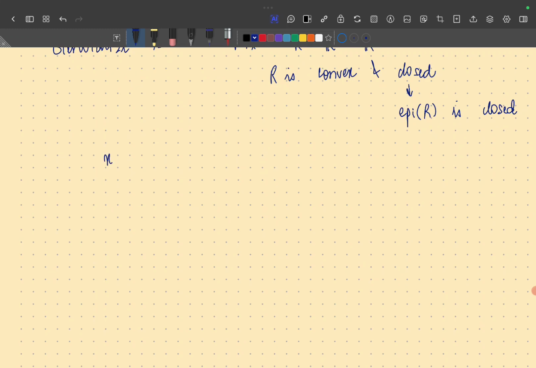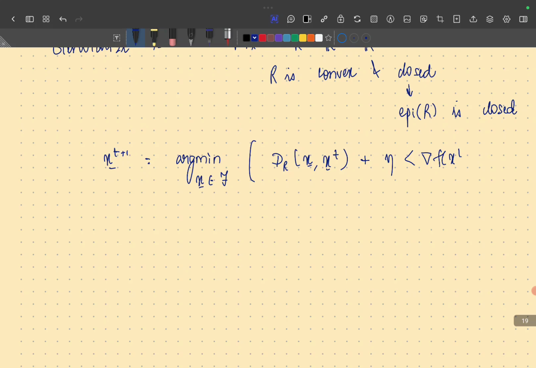So the iterations, or the algorithm, is you take xt plus 1 to be equal to the argmin over all x in, let's say, the feasibility set of dr of x, xt plus eta times f of xt plus eta times the gradient of f at xt times x, but instead it is sufficient to just look at the terms that only involve x, which is just this.